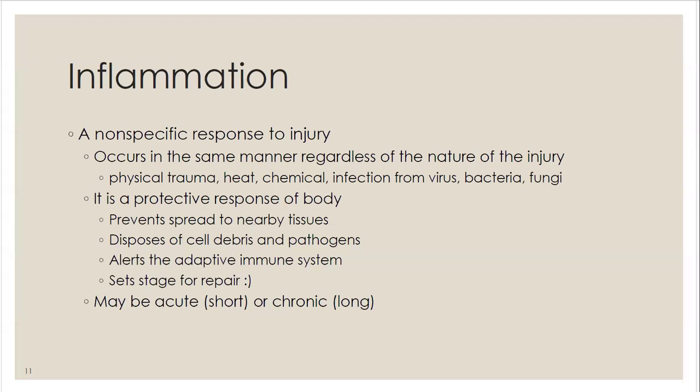The inflammatory signals attract and activate adaptive immune cells to provide a more targeted response. So it helps to alert the adaptive immune system. It helps to facilitate tissue repair, and it does this by increasing blood flow and delivering nutrients and growth factors to the affected area. So inflammation sets the stage for repair and regeneration.